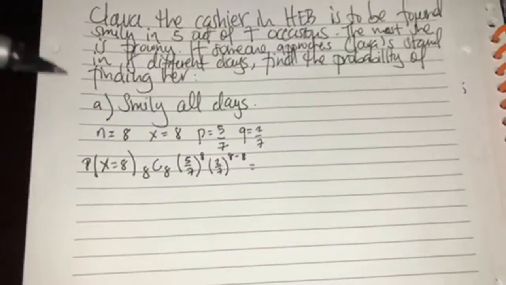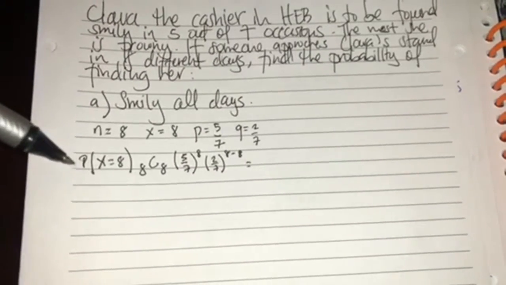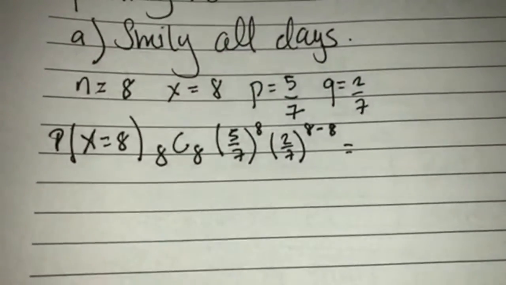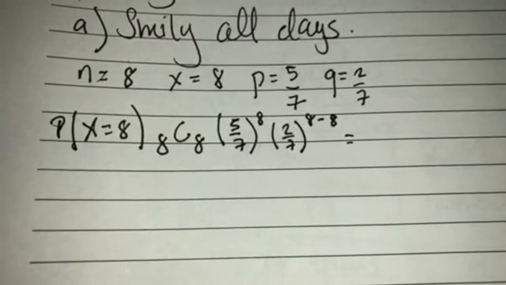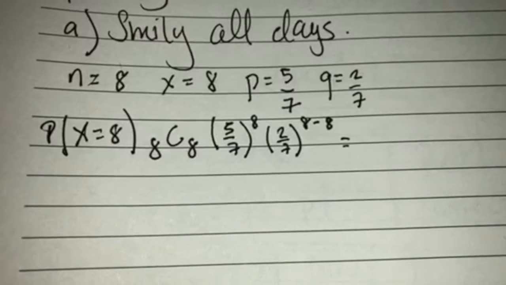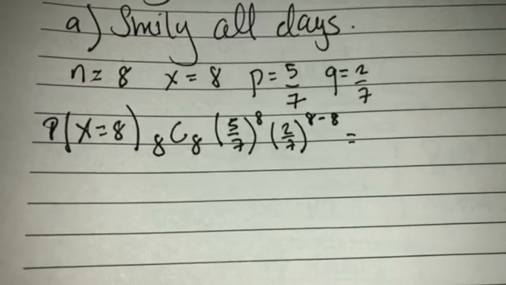Then you put the probability of Clara being frowny, and that is 2 out of 7. When you plug in your numbers, you go to the formula: 8 choose 8 times 5 out of 7 to the exponent 8 times 2 out of 7 to the exponent 8 minus 8. That is the n minus x.